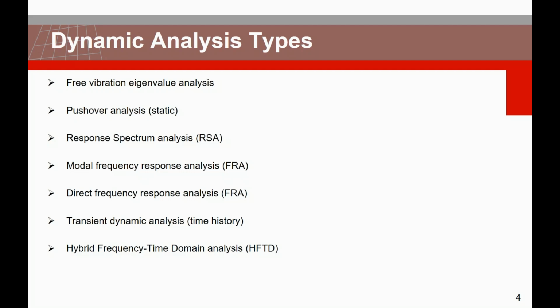It can be transient dynamic analysis, time history, and the hybrid frequency time domain analysis, HFTD. In today's presentation and demo, we will basically use free vibration eigenvalue analysis, the frequency response, modal and direct, and the response spectrum analysis. So we will focus on these ones.